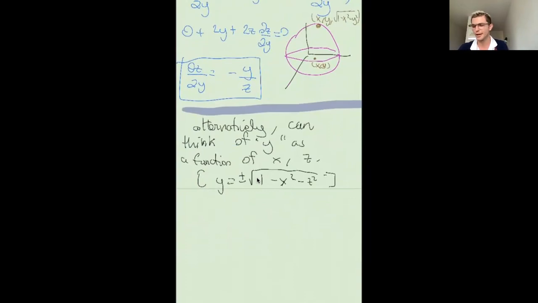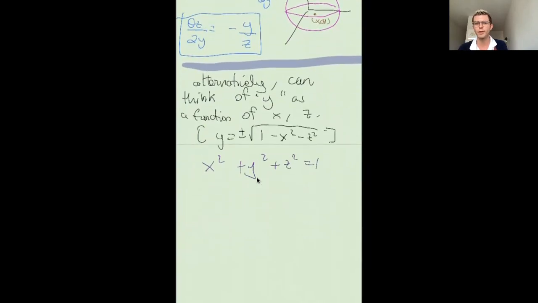Now you can take the same equation as before, and now y is a function of x and z, right? So now you can take the partial derivative of y with respect to x.